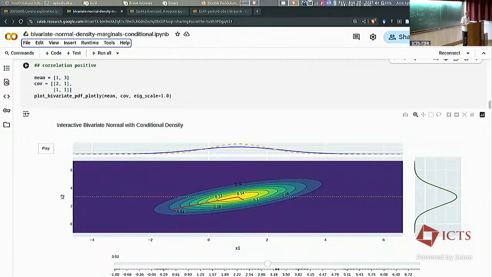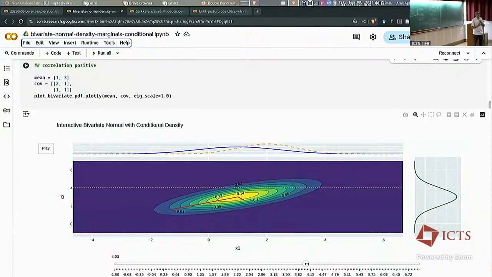So if I shift the observation, and this slider is for the observation, to the right, that is, increase the value of x2 that is being observed, suppose the observation happens to be, say, 4 or something. What will happen to that picture? There are a couple of things here.